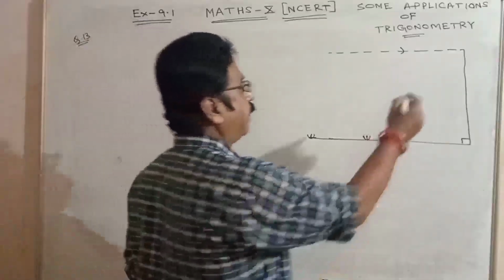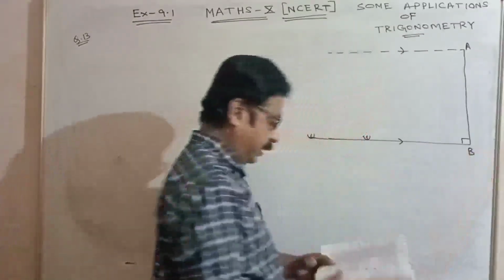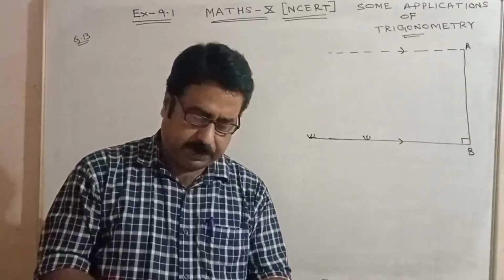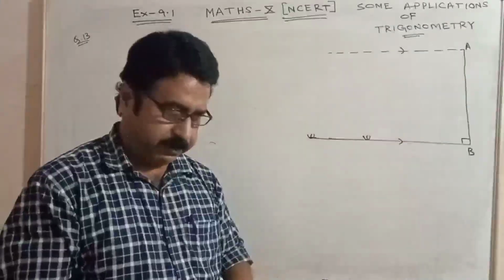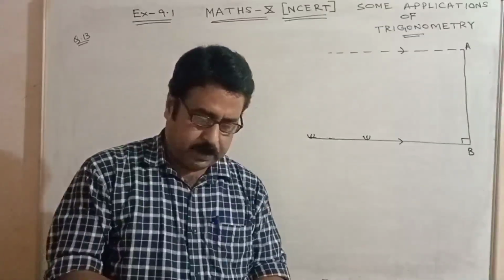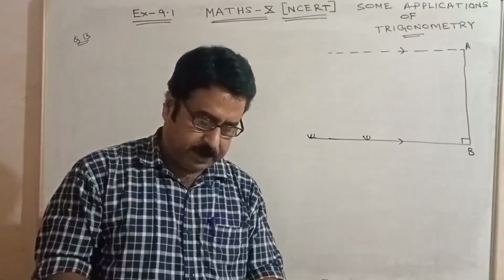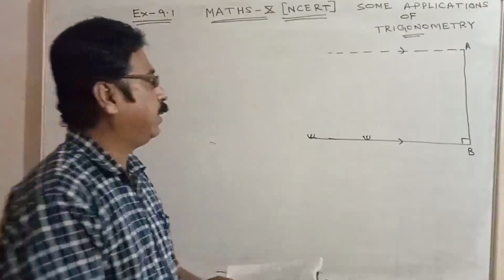75 meter is given as the height of the tower, the lighthouse. As observed from the top of a 75 meter high lighthouse, that means AB is the lighthouse. It is the sea level. The angles of depression of two ships are 30 degree and 45 degree.